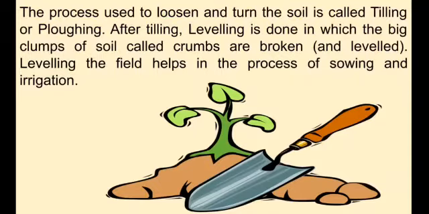So what is the process of tilling and plowing? Let us know. The process used to loosen and turn the soil is called tilling or plowing. Okay. Leveling is done, in which the big clumps of soil called crumbs are broken and leveled. So leveling the field helps in the process of sowing and irrigation.